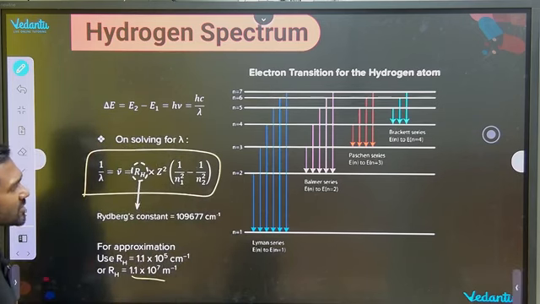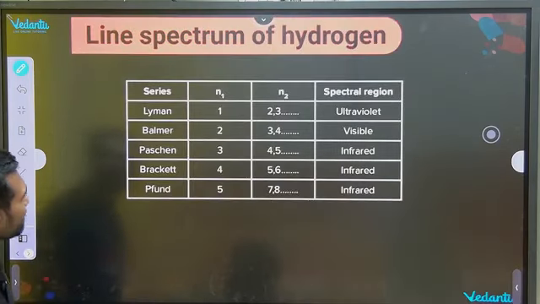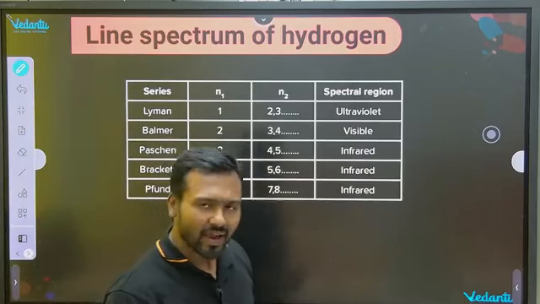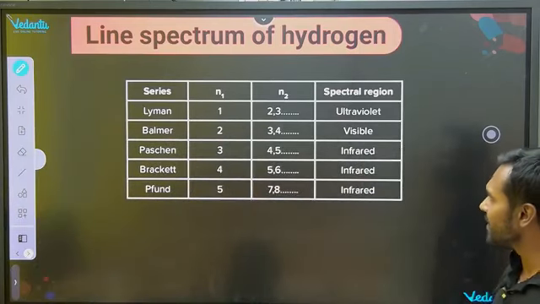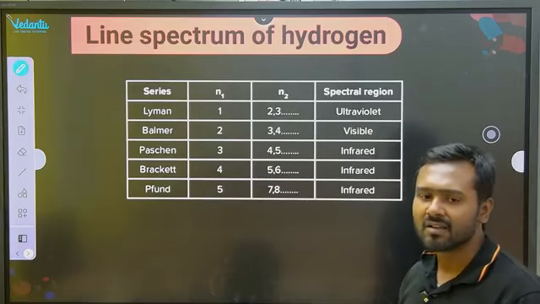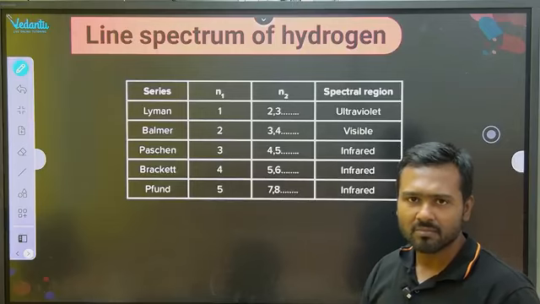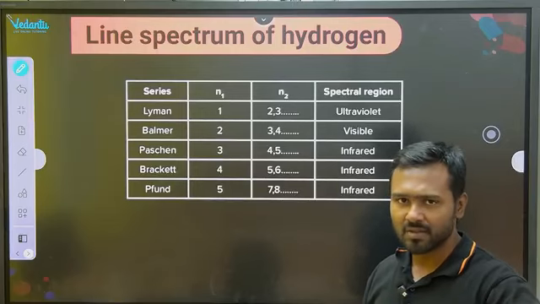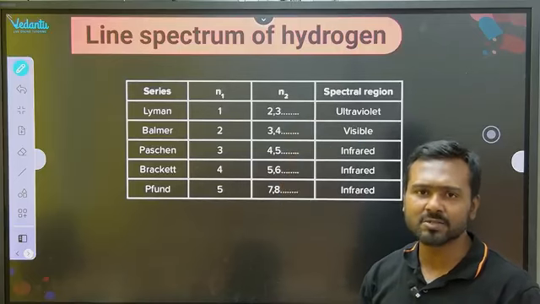In the hydrogen spectrum, we have a total of 5 series: Lyman, Balmer, Paschen, Brackett and Pfund. When the electron is excited from a lower level to a higher level, that is absorption spectrum. If it comes from a higher level down to a lower level, that is emission spectrum.